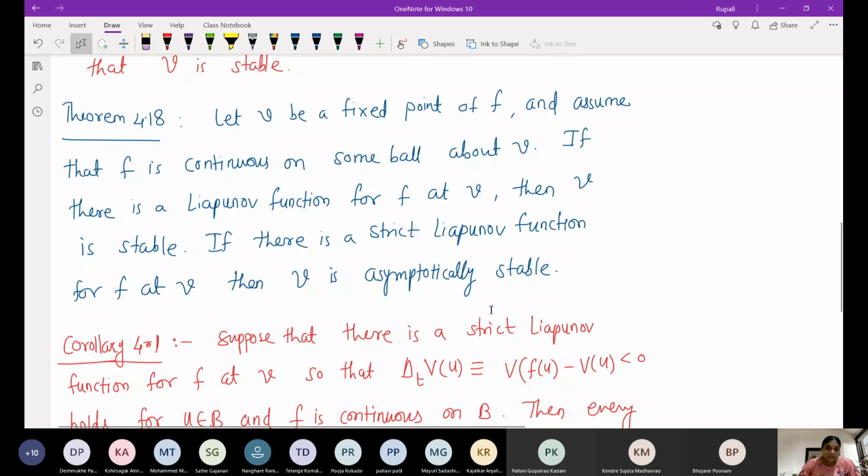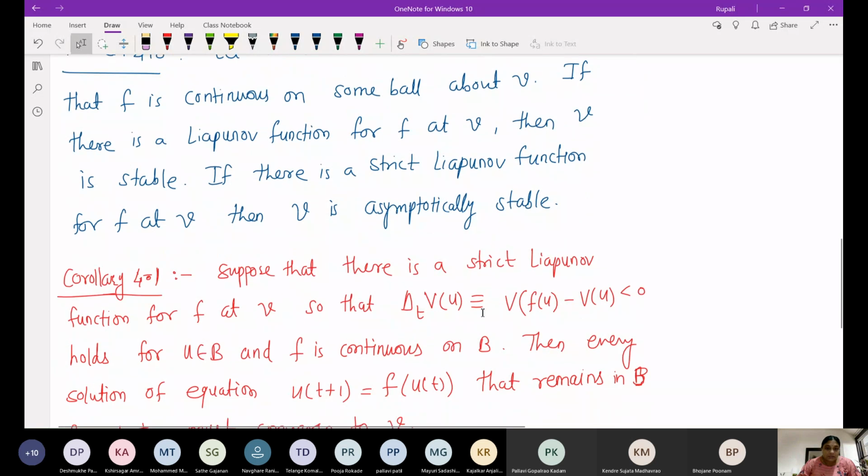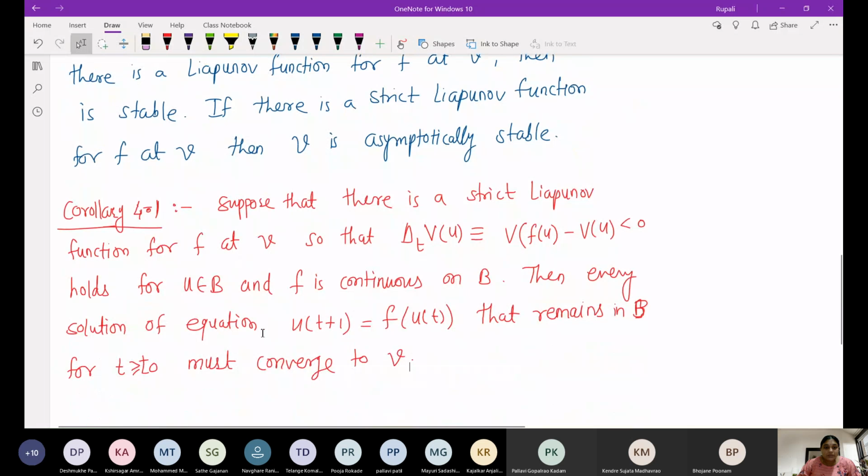So what this corollary says is that if there is a strict Liapunov function, then every solution of this equation, u at t plus 1 is equal to f of u t, that remains in B or that starts in B must converge to V. That follows from asymptotic stability, because asymptotically stable means what? All solutions which start near V should converge to V. So Theorem 4.18 implies this Corollary 4.1.